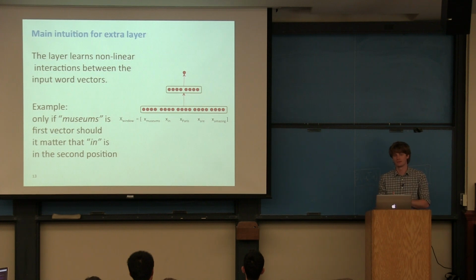I think maybe you already answered this question, but to get the corrupted window, you're only considering nouns, right? Oh no, it could be any window. You have a set of windows where the center word is a correct one, and basically any other one in the corpus you could consider a corrupted window.